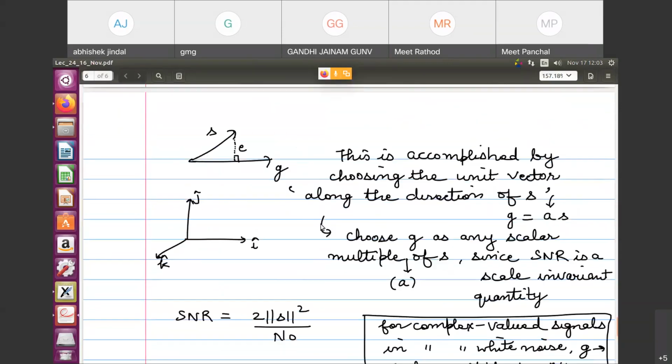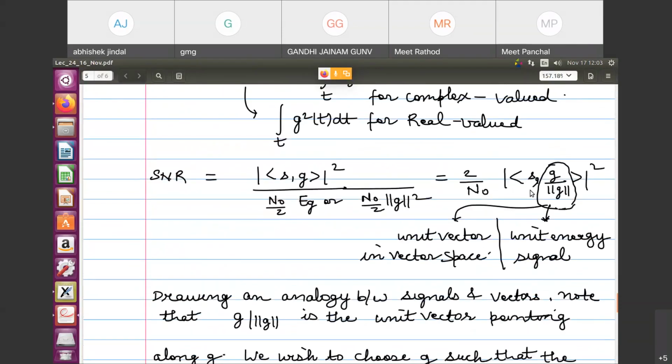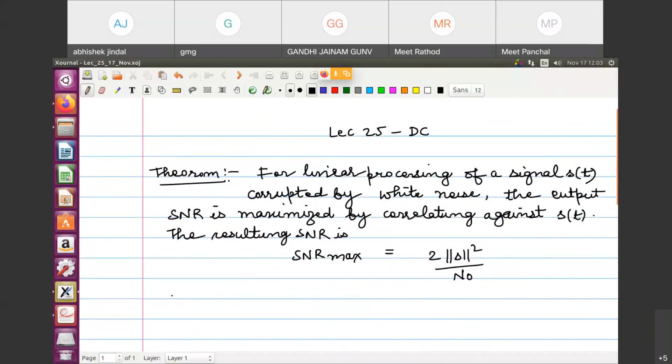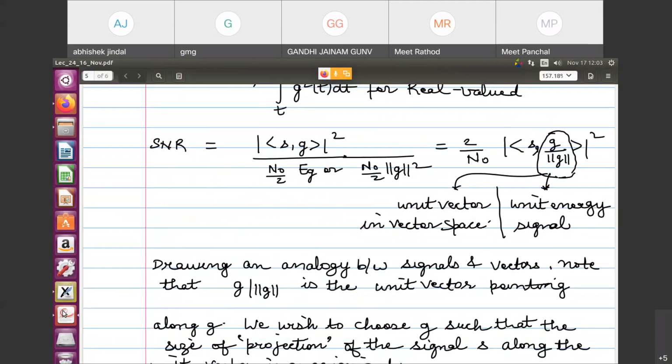We were at this point, where this is the SNR. Let me write it down. SNR max was nothing but the inner product of S and G, whole squared, divided by N naught by 2 into the norm of G squared, or EG.